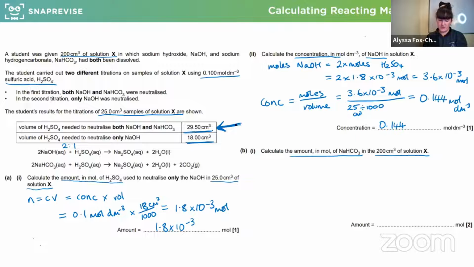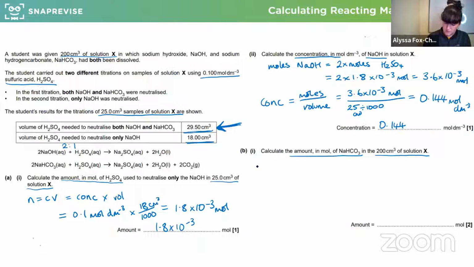Well, if you look at it, we know that 18 of those 29.5 centimeters cubed were used to neutralize only the sodium hydroxide, the NaOH. So the rest of it must be what was needed to neutralize the sodium hydrogen carbonate.